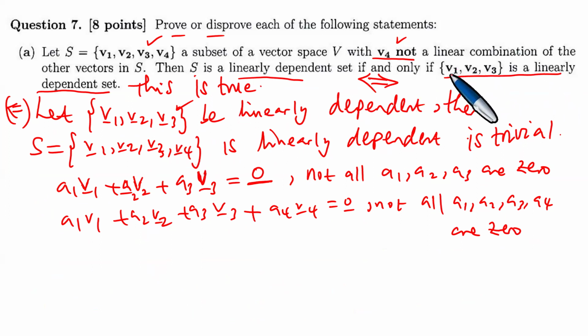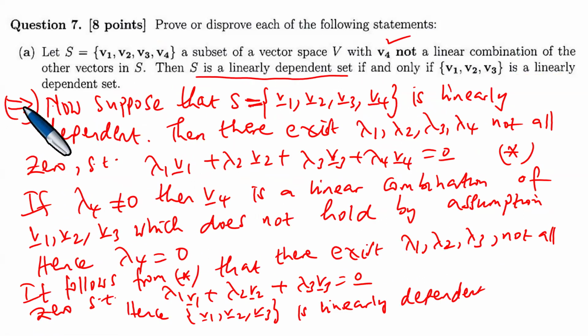So we assumed that V1, V2, V3 form a linearly dependent set, and we got to the fact that S is linearly dependent. From fewer vectors, we extended that to 4 vectors, and the 4 vectors become linearly dependent, because even if we add just one more here, A1, A2, A3 are still not all 0.